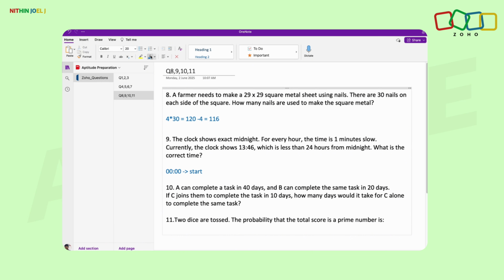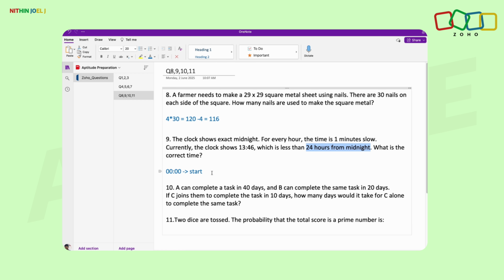And they have mentioned for every hour the time is 1 minute slow. Currently the clock shows 13:46, which is less than 24 hours from midnight. So this 24 hours from midnight indicates that the clock didn't exceed the day, so it's happening within a day. What is the correct time?